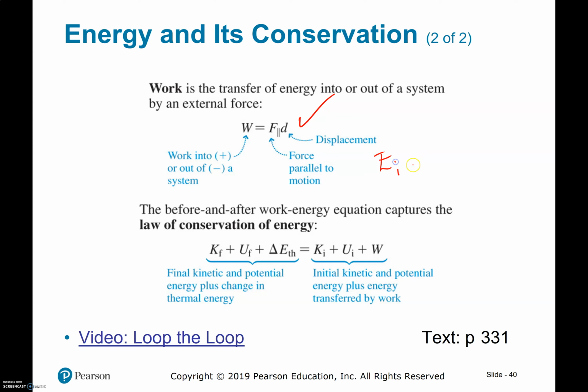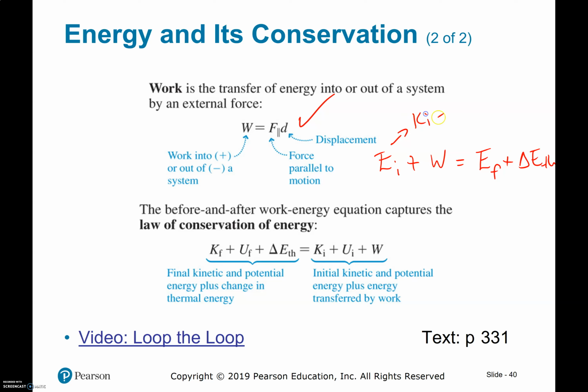The energy that you have initially plus whatever you put in or take out through work has to be equal to the energy that you end up with plus whatever you lose through heat. That is your equation. And what is this?